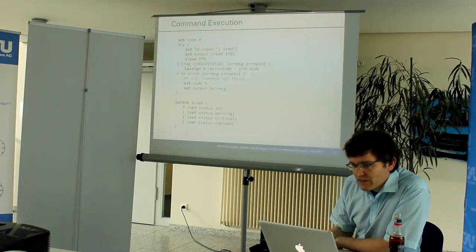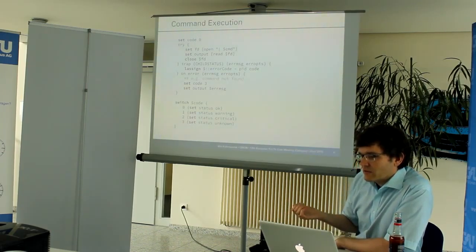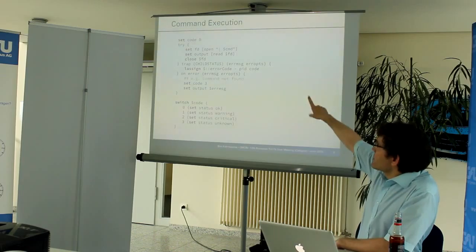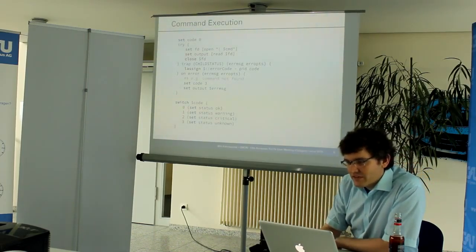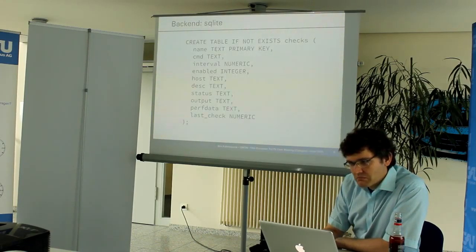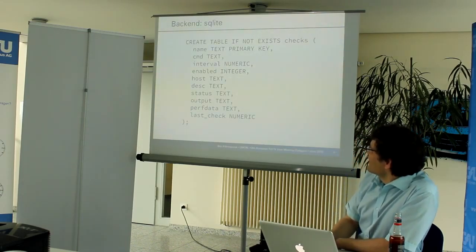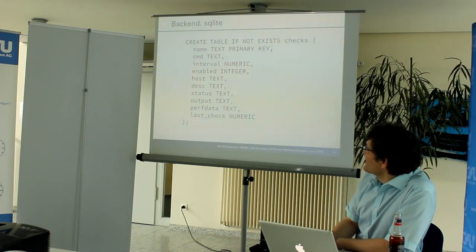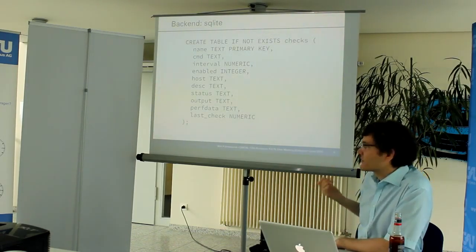So what else I needed was the output of the script. Was easily done. See the second line over there, set output read something. Well, so we've got it. Then, of course, I'm using SQLite again. Well, the table is basically created on the fly if it doesn't exist.